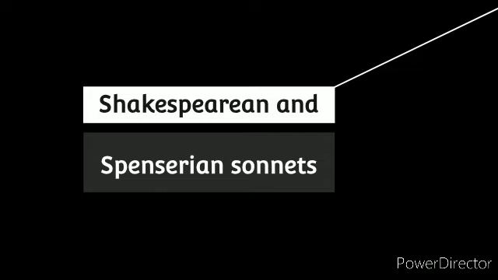The Shakespearean sonnets have three quatrains, followed by a couplet at the end of it, but the quatrains have no internal link with each other, as in Spenserian sonnets. It means that they are structurally separate and they have their own rhymes.